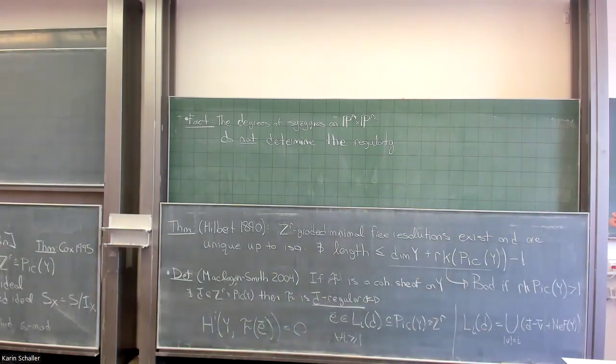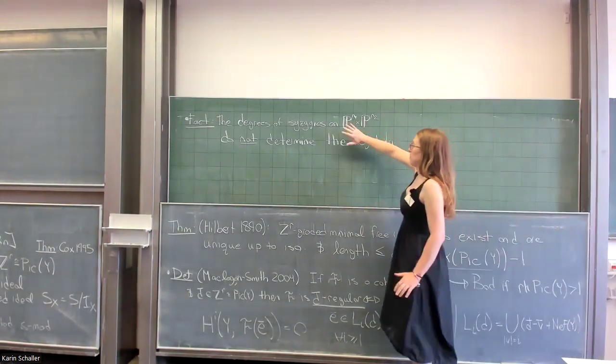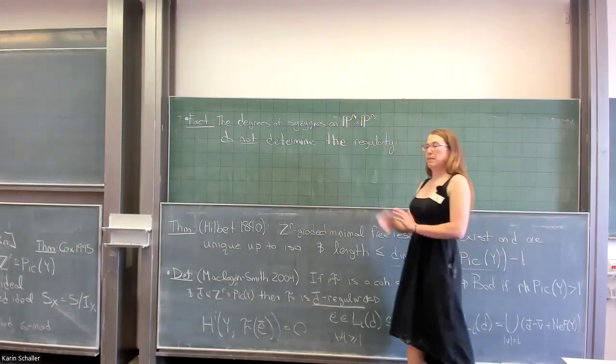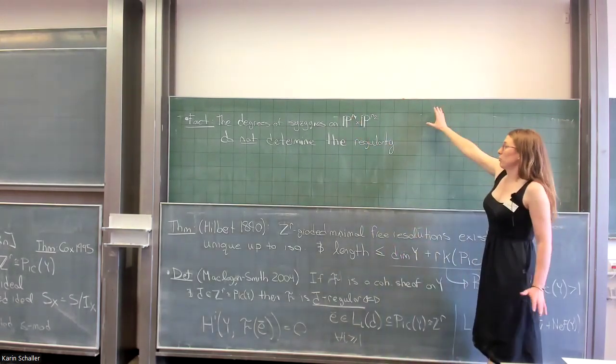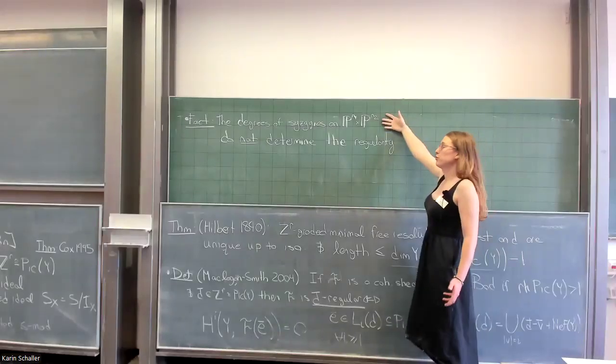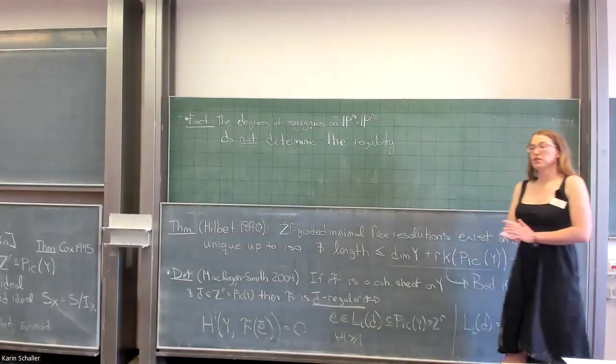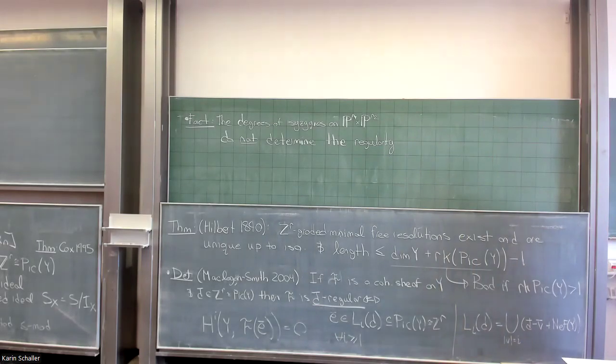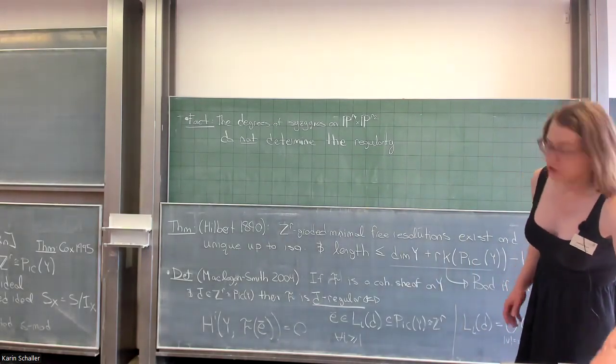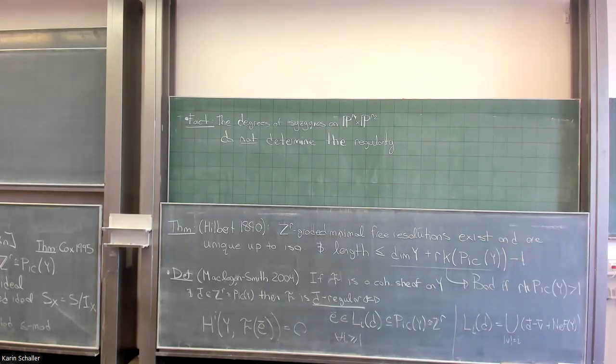It's not completely unsalvageable. There is a bound, so there have been a number of different bounds. Maclagan and Smith gave a relationship of how you can bound some of the degrees in terms of regularity and vice versa. Chardin has worked on this also. So there is some relationship, but it's not very strong, I would say.